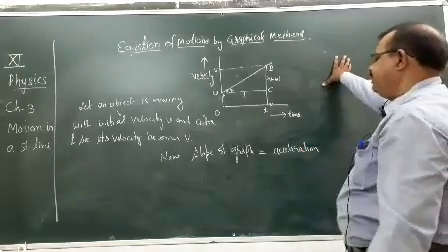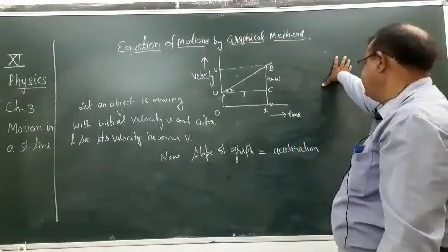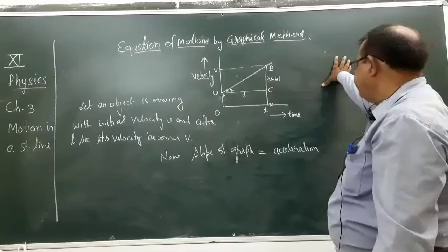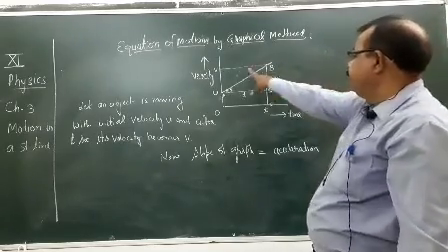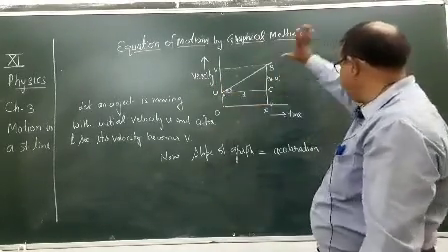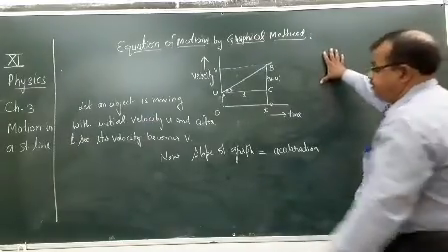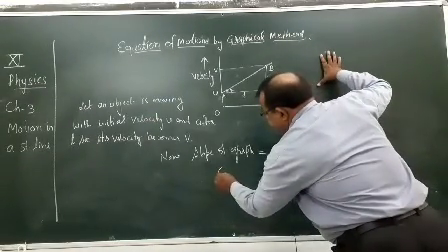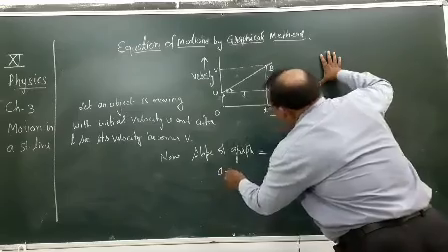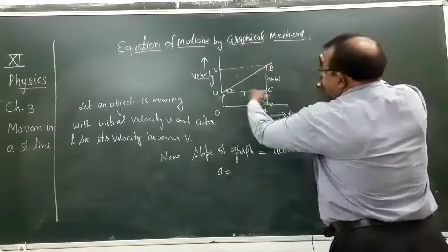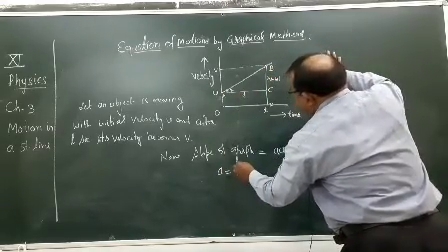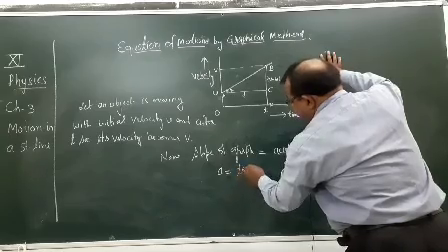In previous lecture we have seen this concept. Slope of the velocity time graph gives the acceleration. So here acceleration a equals to slope of this graph. This is tan theta.